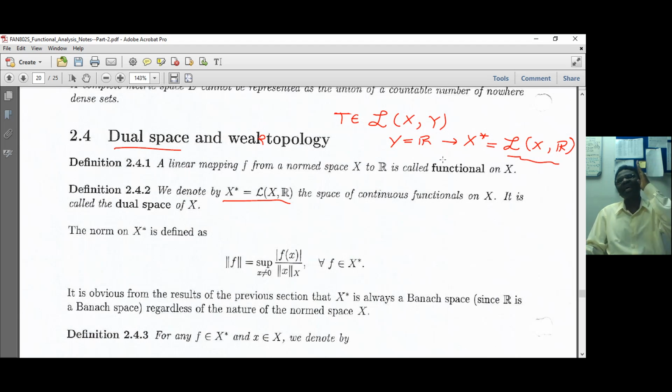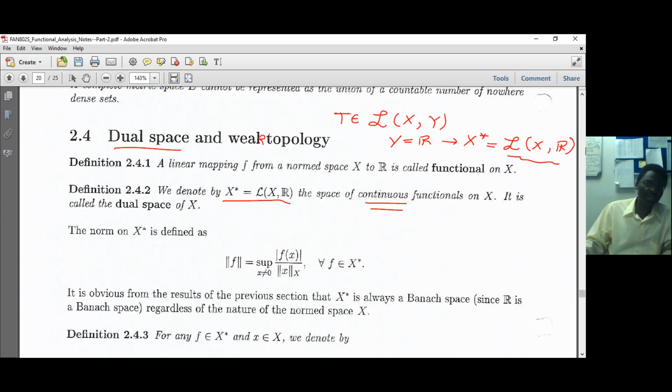So for any norm space X, that's a dual. Because we are talking about continuity, elements of these are continuous functionals on X.